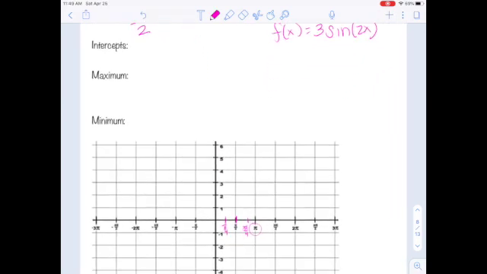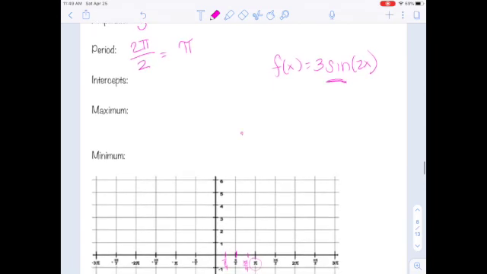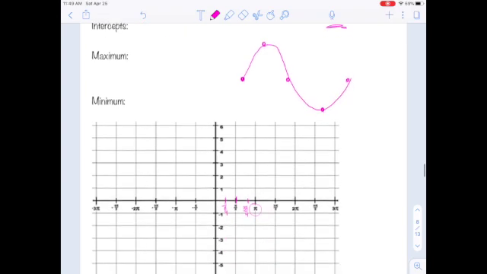So let's see, it's a sine function. So remember, sine functions start at 0, 0, they go up, back to the x-axis, they go down, and back to the x-axis. So it'll be like this, one period of sine. All right, so starting at 0, 0, we stay there.